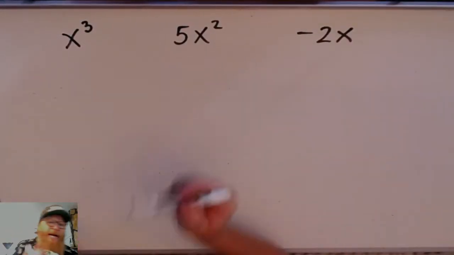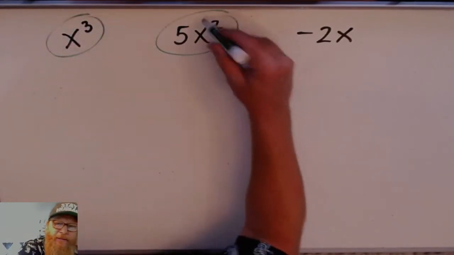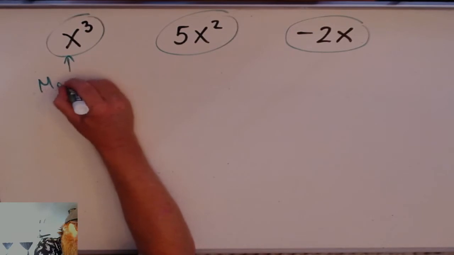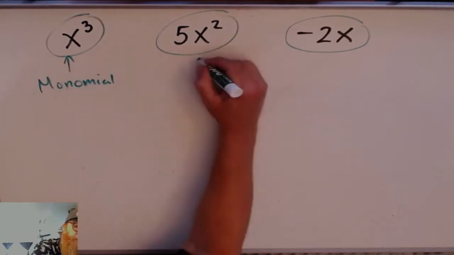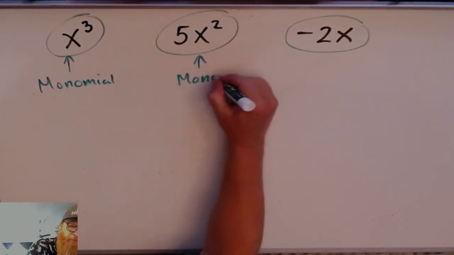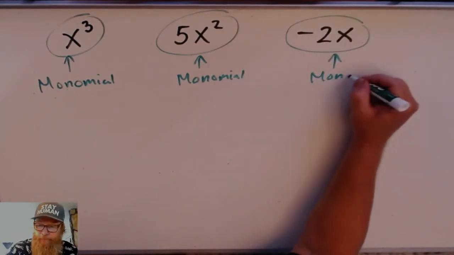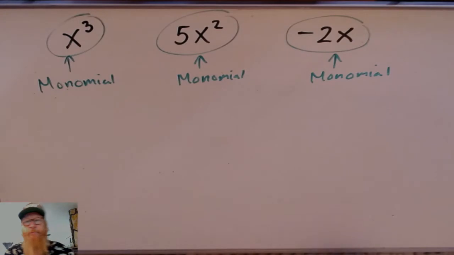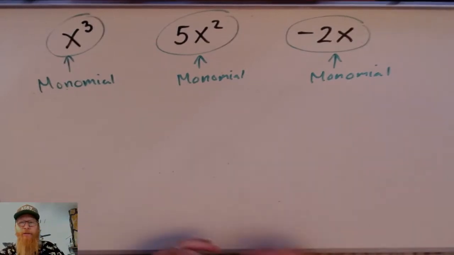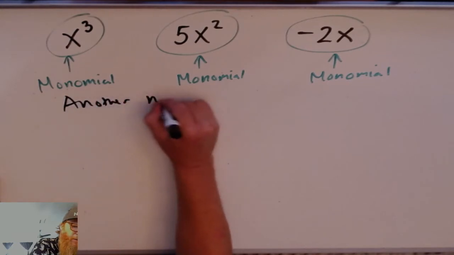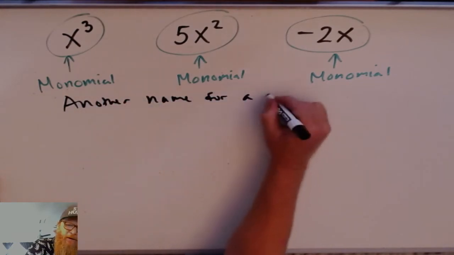So another name for power function is a monomial. A monomial, yeah, it's just another name for a power function.